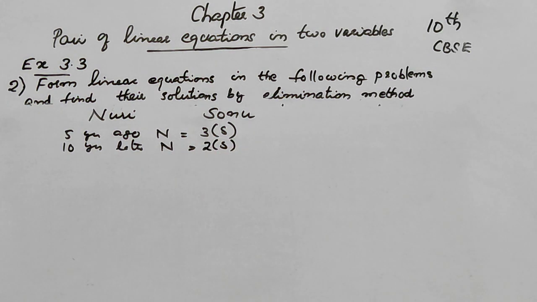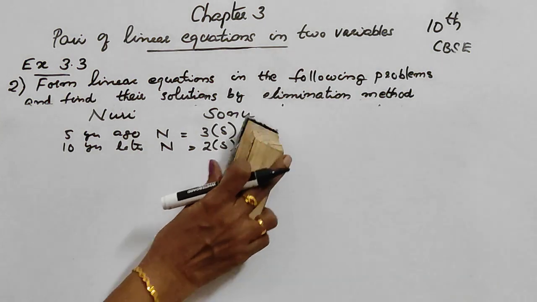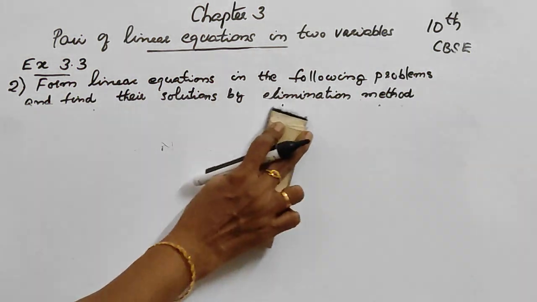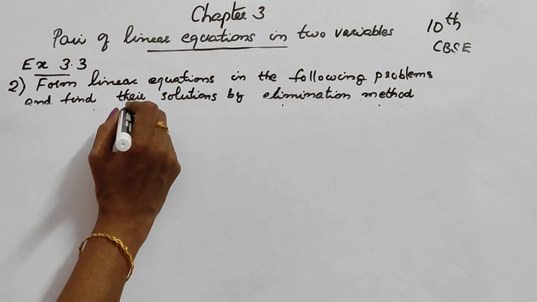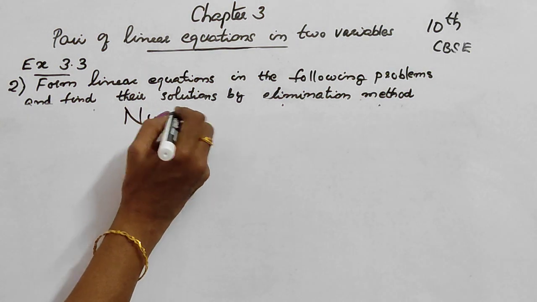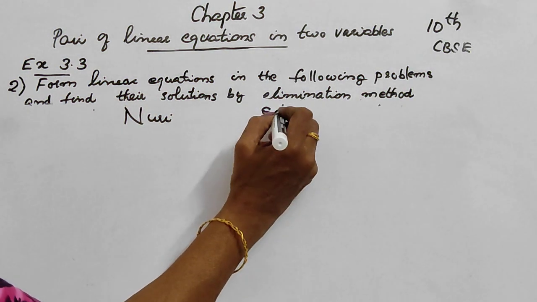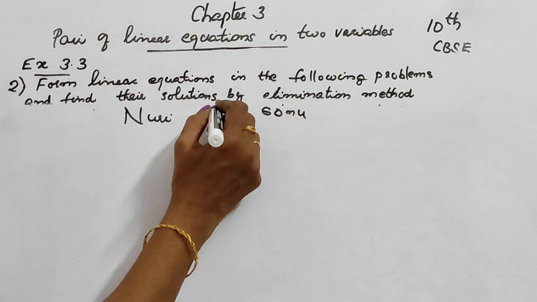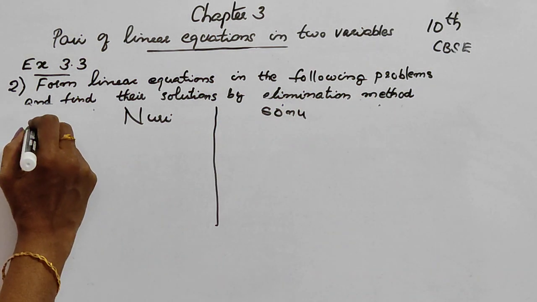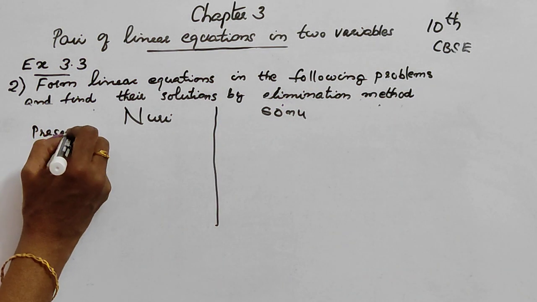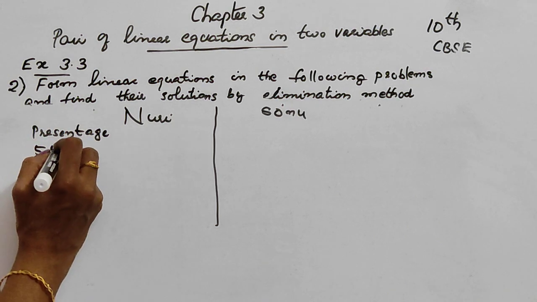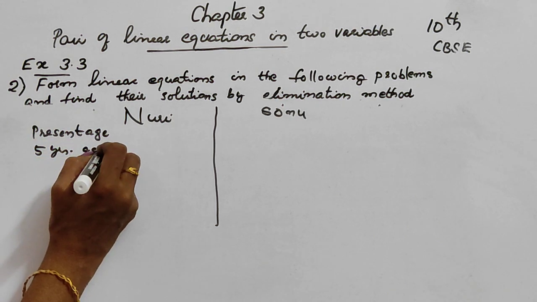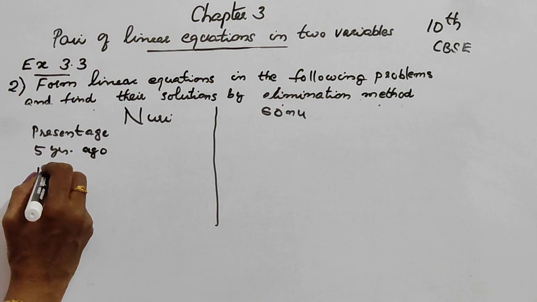Okay. Now we will write in columns. Nouri and Sonu. Present age, 5 years ago, 10 years later.